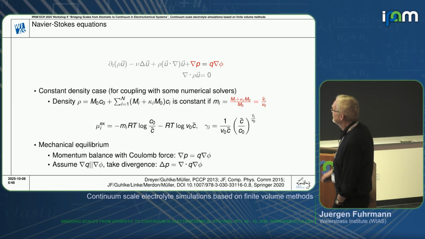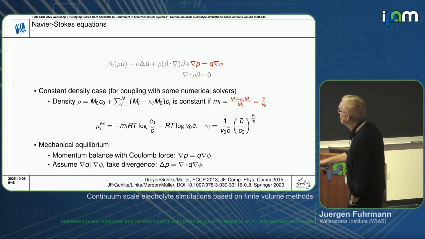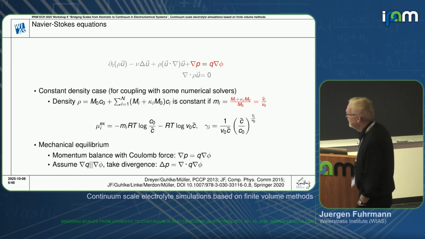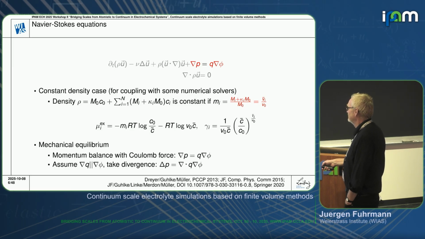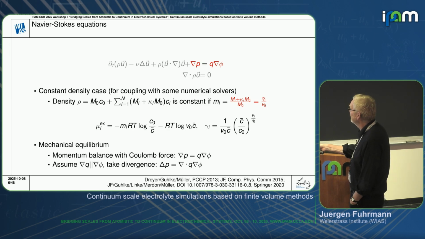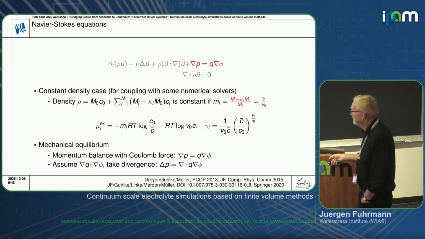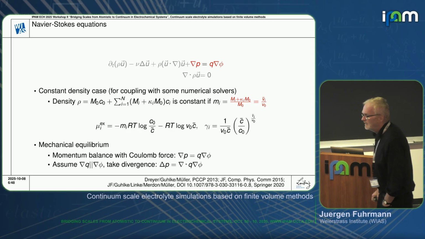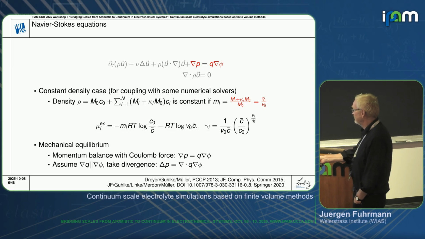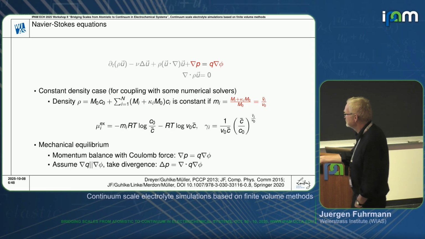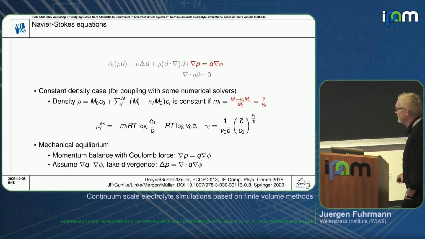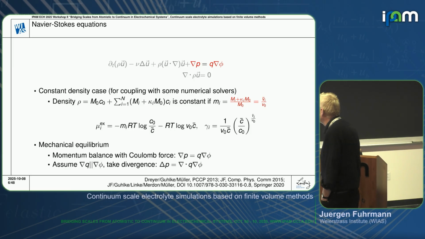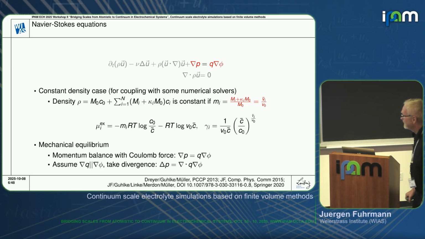So it would be interesting, if one would implement Navier-Stokes equations, that one really needs to be careful to work with non-constant pressure conditions. In many cases, of course, we want to talk about the mechanical equilibrium, but mechanical equilibrium still means that this part of the momentum balance with the Coulomb force remains, and this gives us this differential equation where the gradient of the pressure is balanced by the charge density times the electric field.